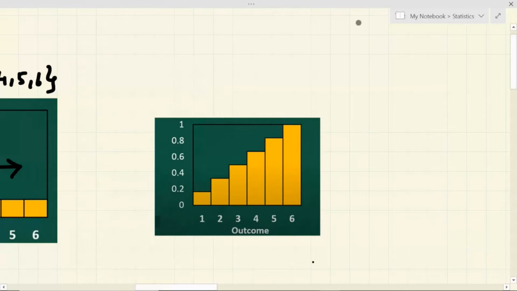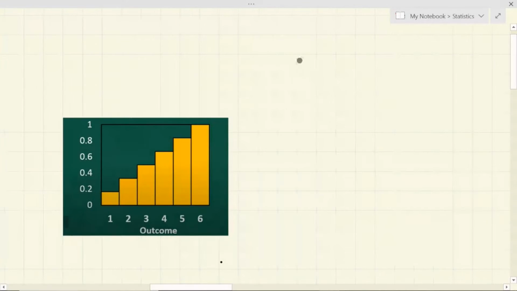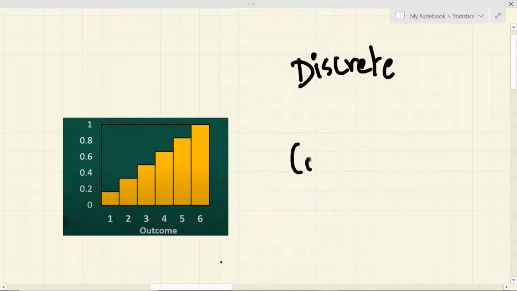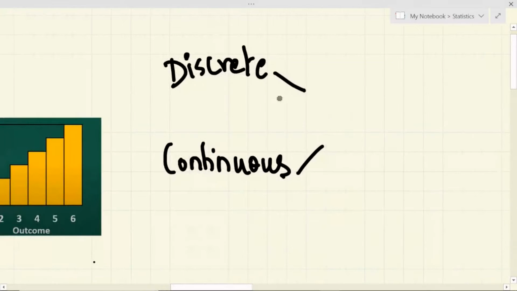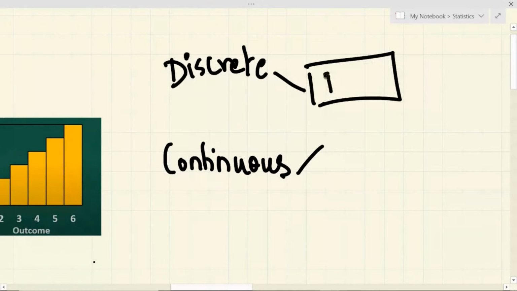Let us consider the cumulative distribution function. When we talk about discrete variables and continuous variables, both of them have different types of probability distribution functions.